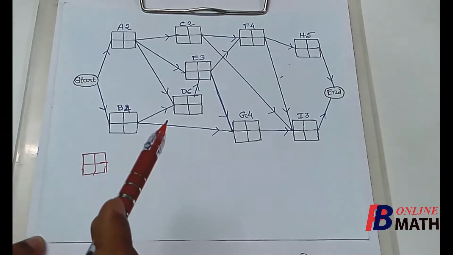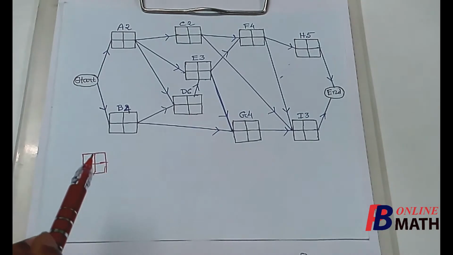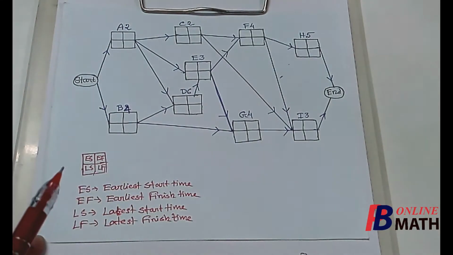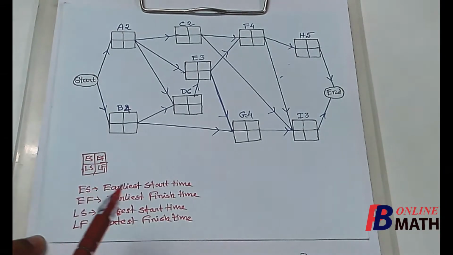Now, in each box we have considered 4 blocks which are to be filled by some specific data. We shall fill all the boxes by some data. The format of the data will be like that: ES, EF, LS, LF, where ES denotes the earliest start time of the activity, EF denotes the earliest finish time of the activity, and similarly LS denotes the latest start time of the activity, and LF denotes the latest finish time of the activity.